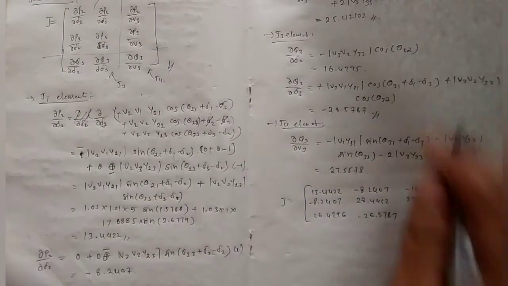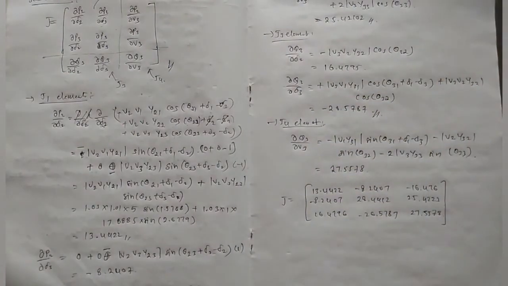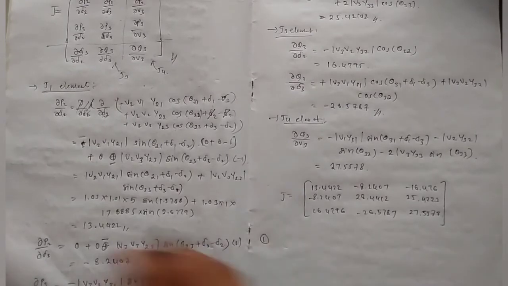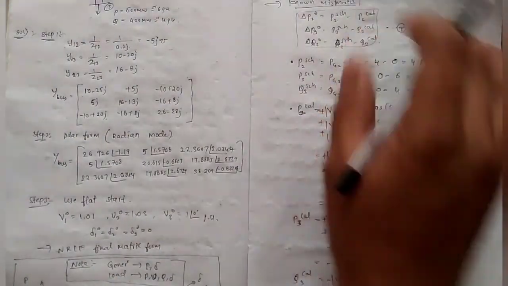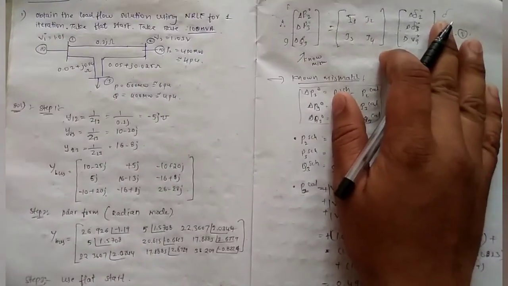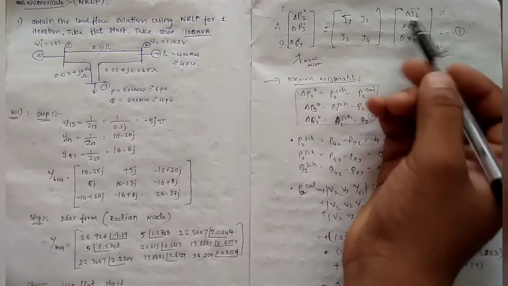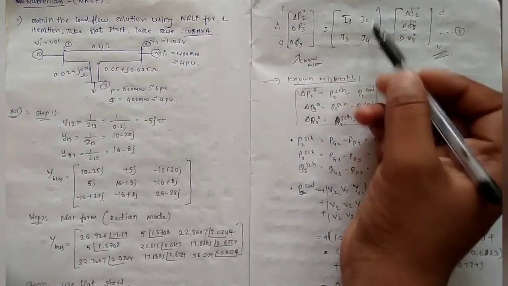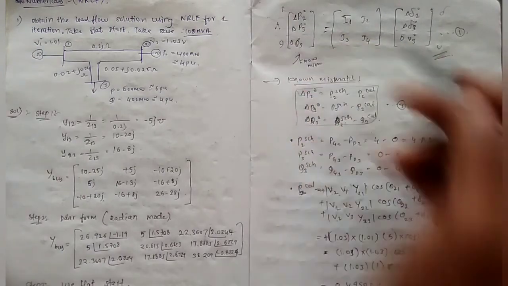Now we got the Jacobian matrix. Finally, we're done with the known mismatches and we're done with the Jacobian matrix, and we need to find this matrix, right? Therefore move this Jacobian matrix to the left hand side, that is J inverse.